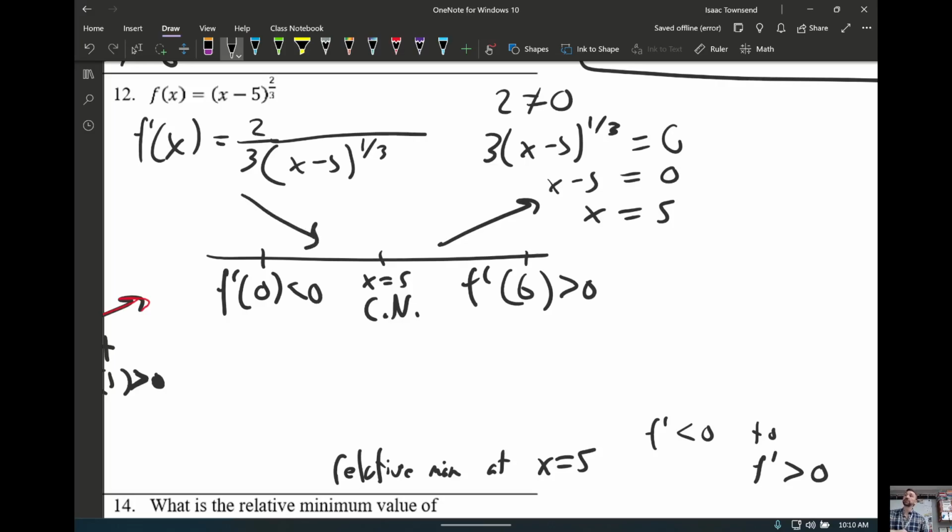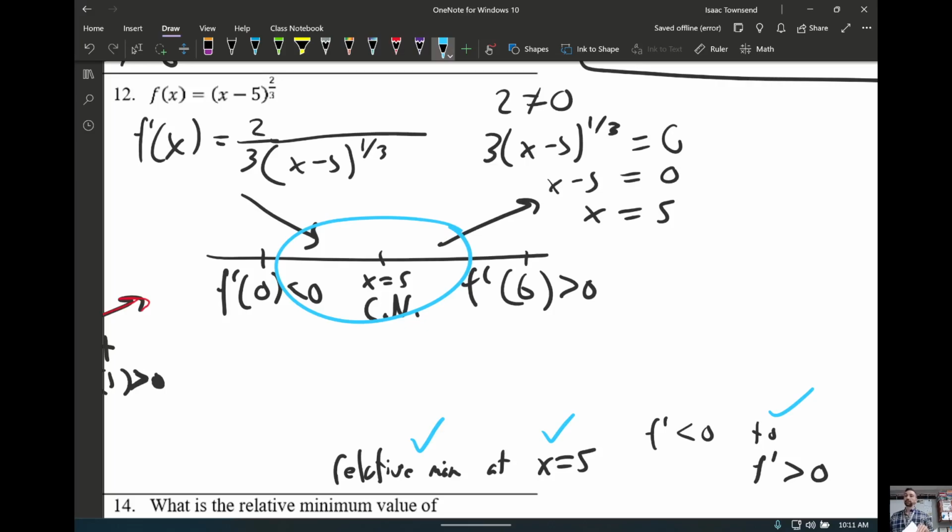When the first derivative is negative, it is decreasing. Now you can see it's a relative min at x equals 5. And if it was not multiple choice and you needed to justify, it's because the derivative went from being negative to positive. That one was a little bit easier. Easier derivative, easier algebra to solve, but overall same process.